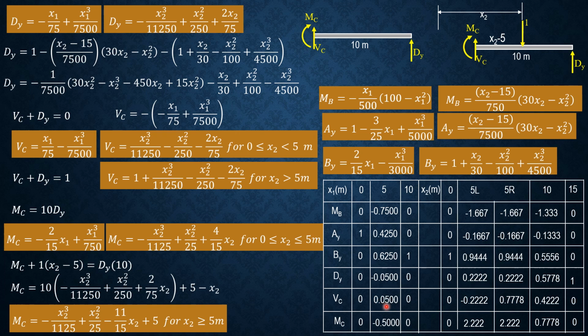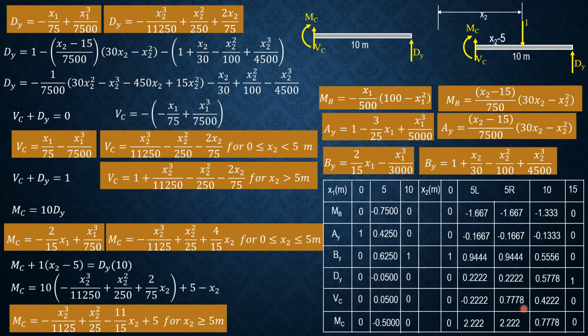V sub C, when x1 is 5, you just substitute here, you will get 0.05. Then when x2 is 5 from the left, so this is the formula, substitute 5 here for x2, you will get negative 0.2222. Then when x2 is 5 just to the right, substitute it here, you will get positive 0.7778.